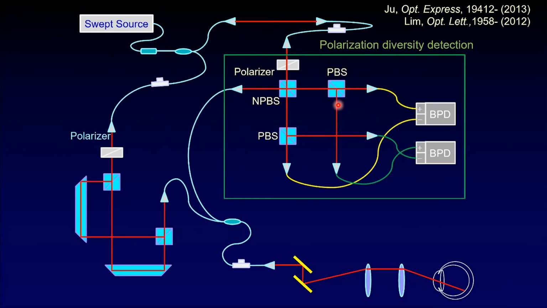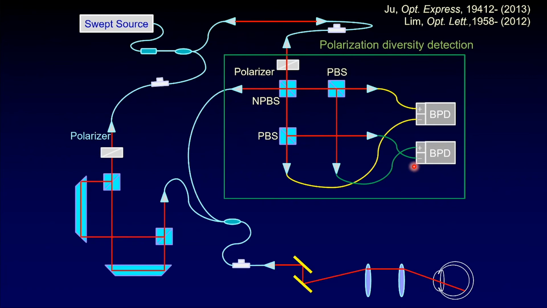And then, for example, horizontal polarizations are combined and detected by one BPD, and the vertical polarizations form the other combination and are detected by the other BPD. So by using this polarization diverse detection scheme, we can have two OCT interference signals. And by processing them, we are going to have OCT signals, but they correspond to different output polarizations.